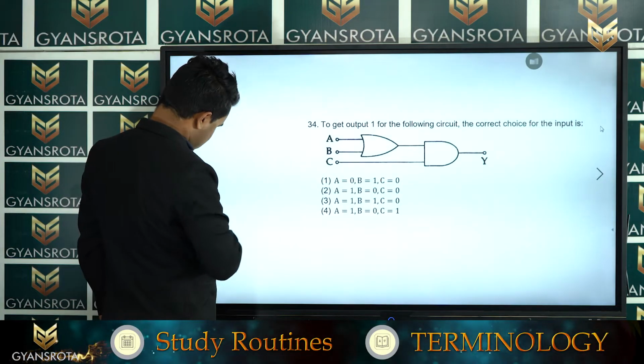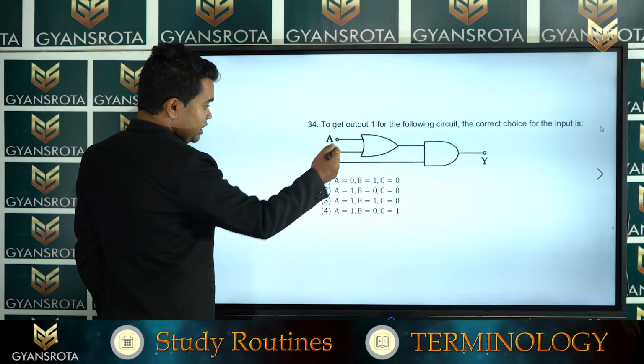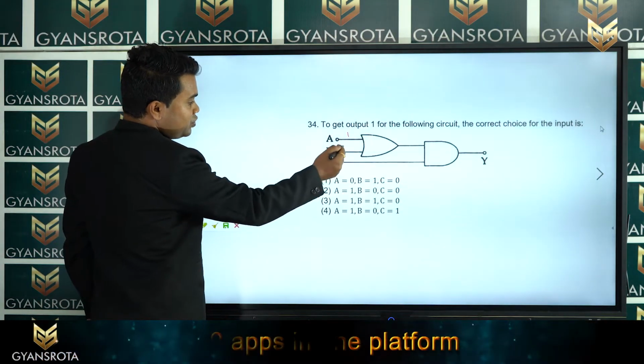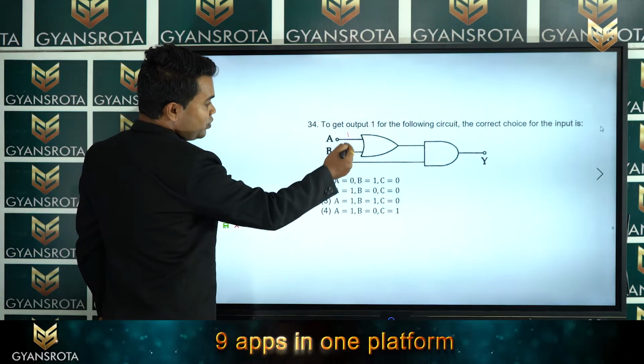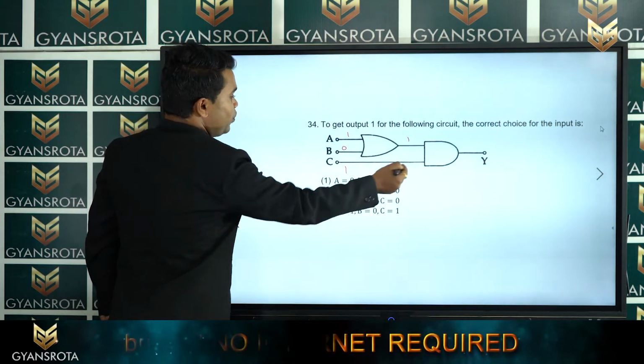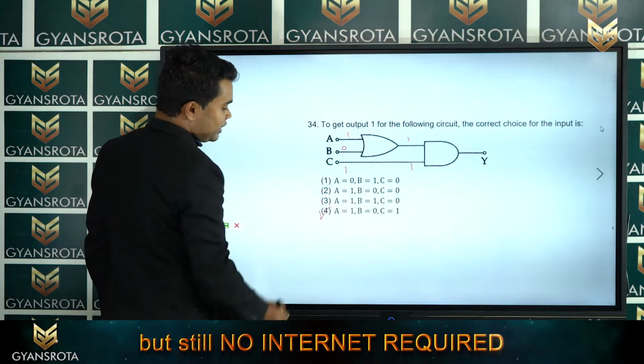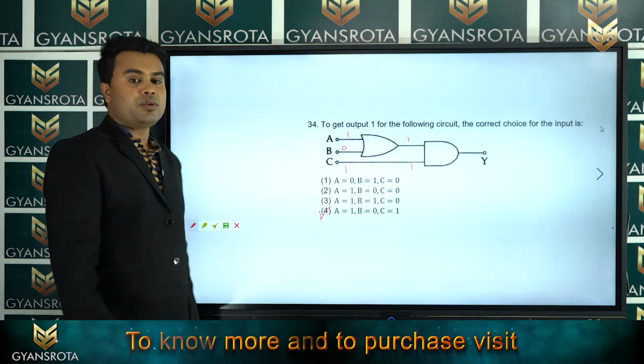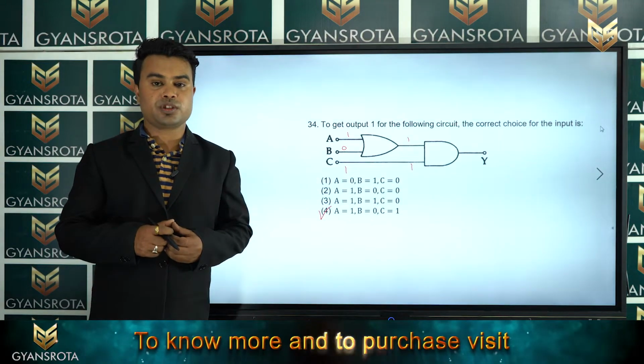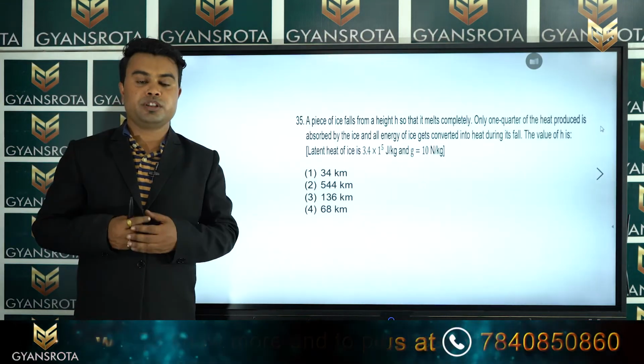Now, if I take the fourth option, A equals to 1, B equals to 0 and C equals to 1. 1 plus 0 is 1 and again 1 will go, 1 into 1 is 1. So, option 4 is the correct answer. So, 34 is done. Now, let us move to the next question, that is 35. Question number 35.